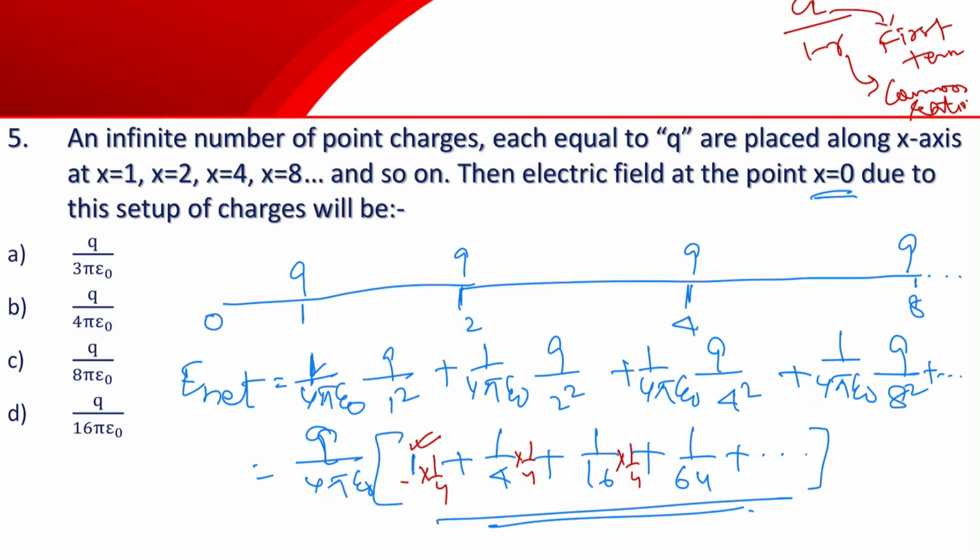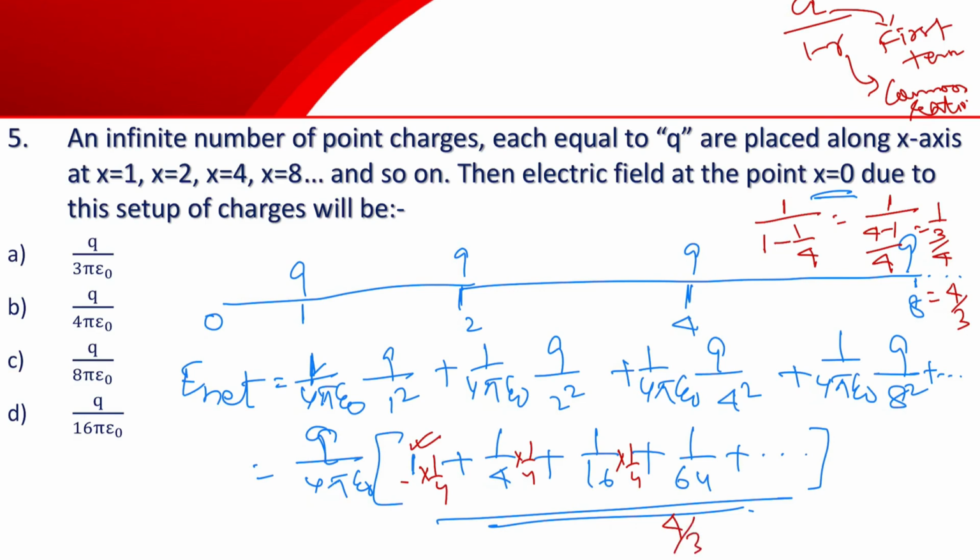If we put it in, we can write the first term 1 by 1 minus 1 by 4. Solving, this is 1 by 3 by 4, which finally is 4 by 3.